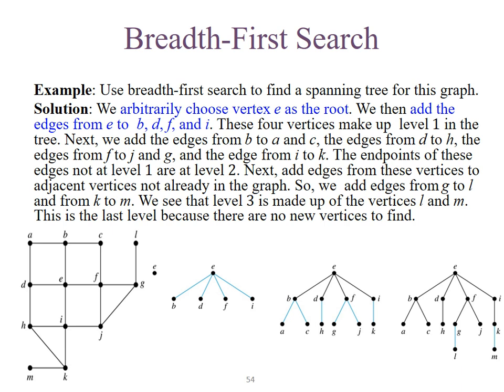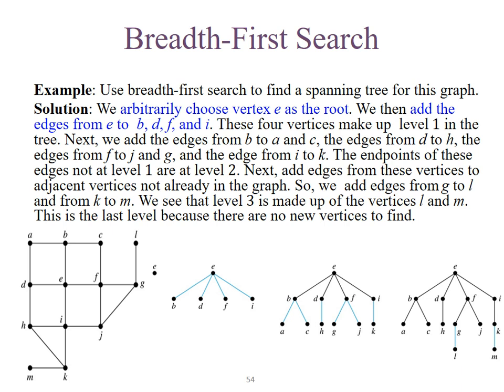For example, B can visit A and C. Okay, so B can visit A and C. And for D, we can visit H because A is already visited. So starting from B, we can visit H. And then for F, we can visit J, and for I, we can visit K.